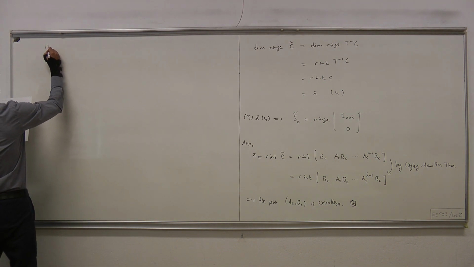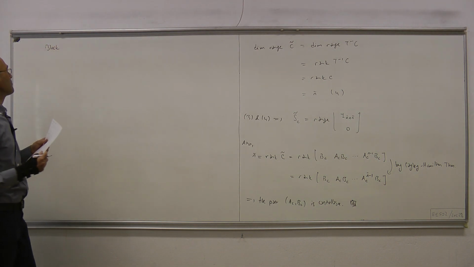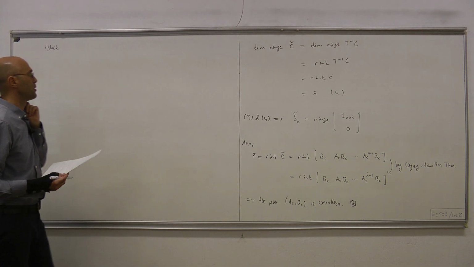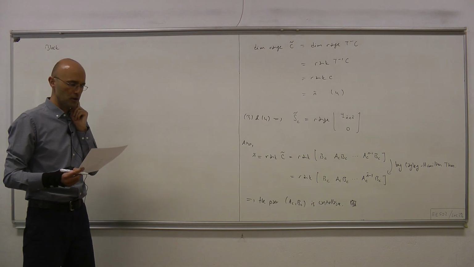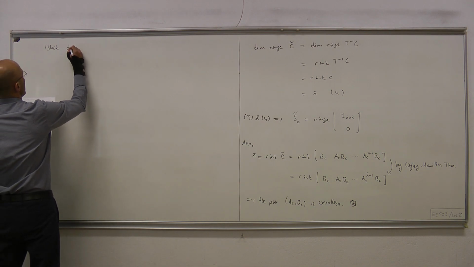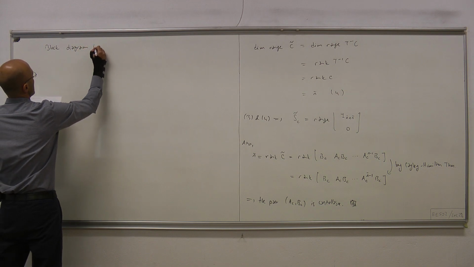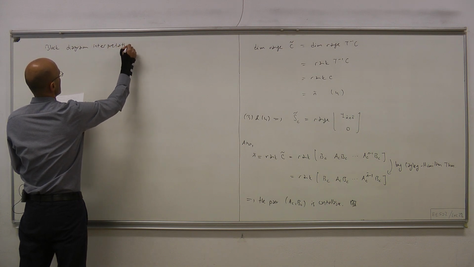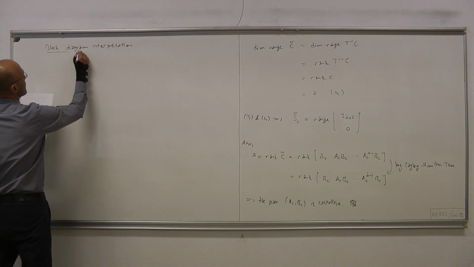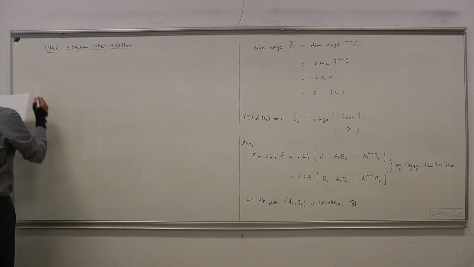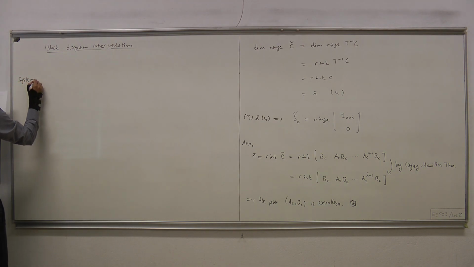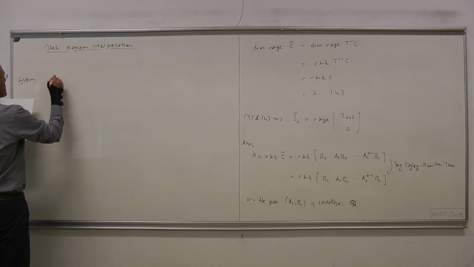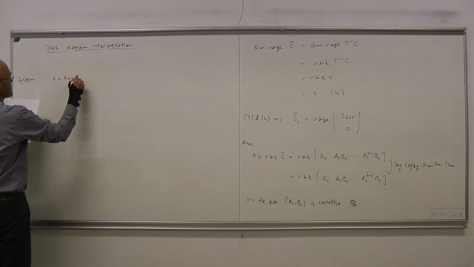So for that, or to see that easily, let's move on to the block diagram representation of the controllable decomposition. So block diagram interpretation. Once again, what we have done is we start with a system, x dot equals Ax plus Bu.